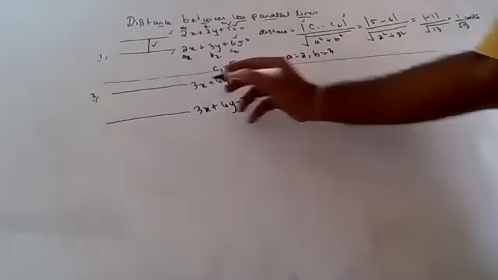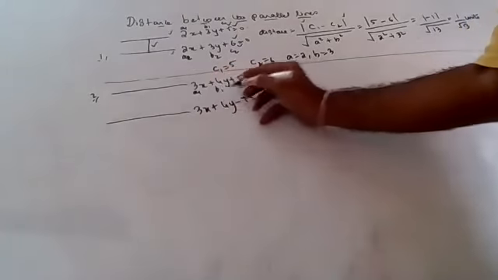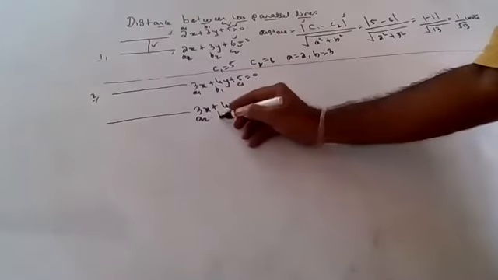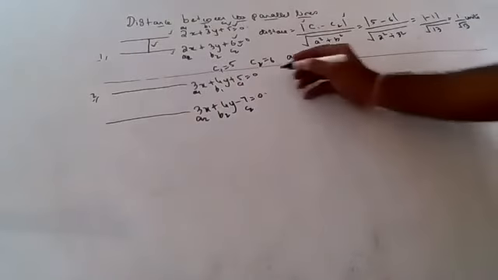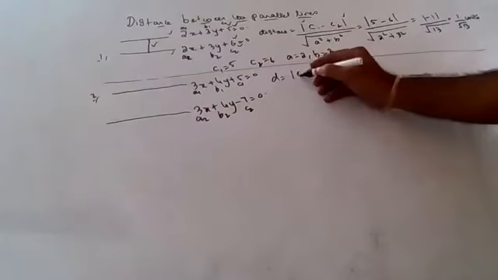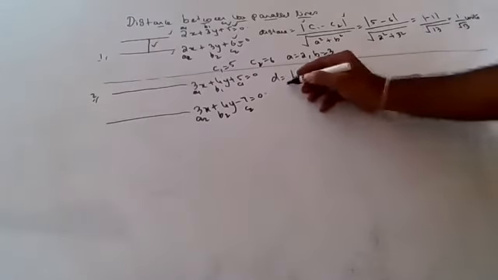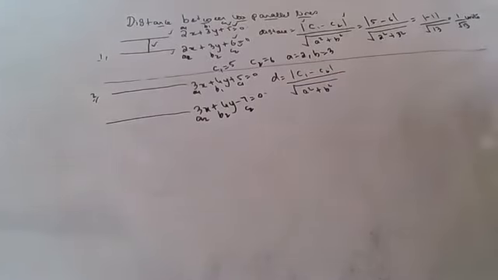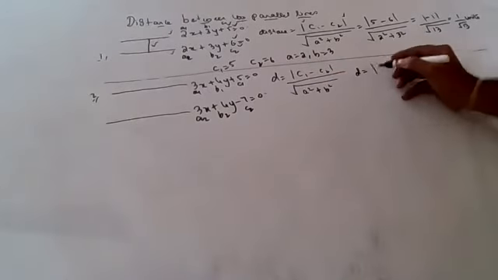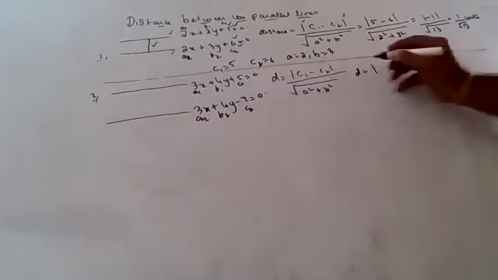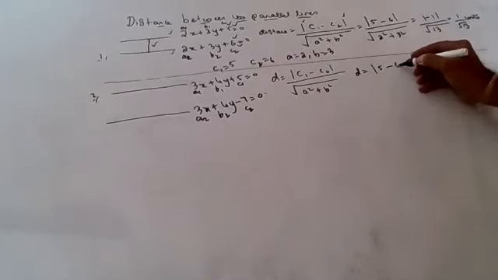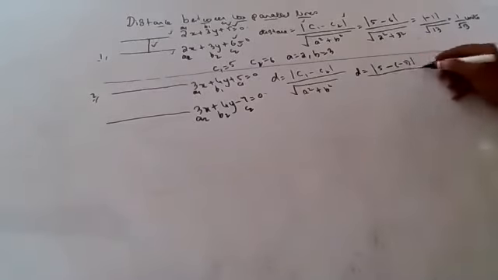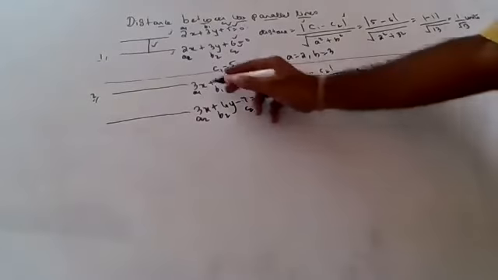So, what is this? A1, B1, C1. What is this? A2, B2, C2. And what is the formula for distance? Modulus of C1 minus C2 by root of A square plus B square. So what is the modulus of C1 minus C2? 5 minus of minus 7 by root of A square plus B square.